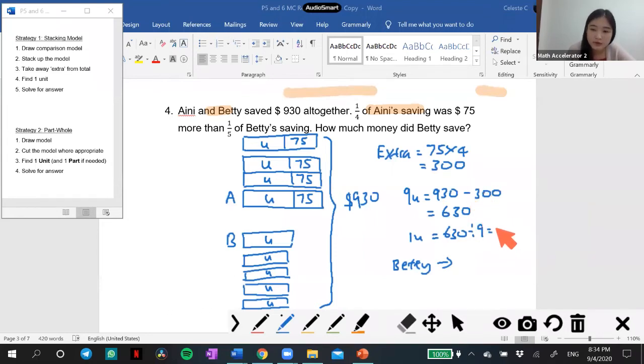That will get you your 70 for 1 unit. Then you see that Betty has 5 units in total. So take 1 unit times 5, 350. So final answer, $350.